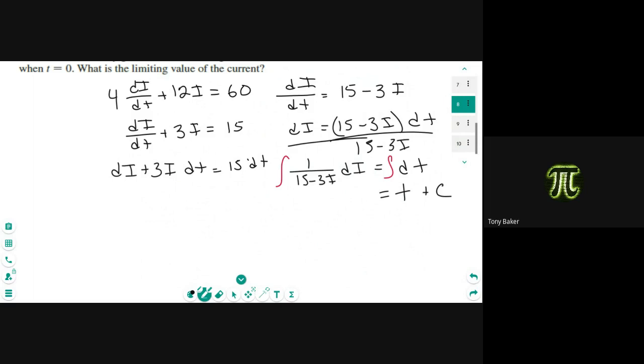All right, so how do I find the integral of 1 over 15 minus 3i? It's the negative 1/3 ln of 15 minus 3i. You should have remembered that from partial fractions.